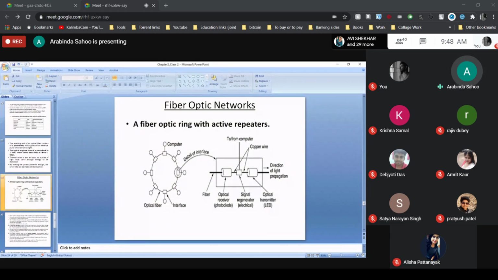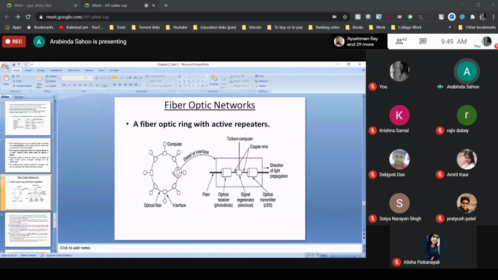But in case of passive repeaters, if any of the repeaters fails, still we can interconnect, or communicate with the other computers. Suppose there is a problem associated with a passive repeater at this interface, still we can interconnect with other computers.